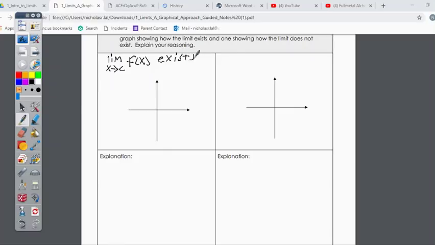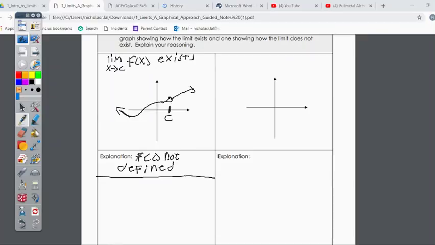So let's have our point C. We have our function, just could be any function, but we have a hole here. The explanation here is that f of C is not defined. It is a point discontinuity at x equals C.